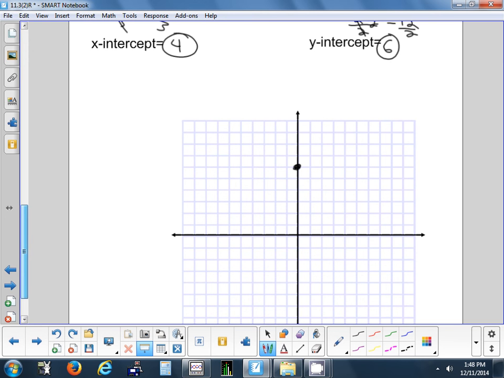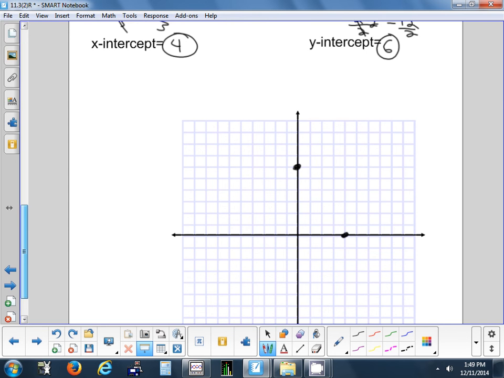Brian Martin, what about the x-intercept? Up, down, left, or right? How many? We're doing the x-intercept. 4. Stay with me. So 4 to the right. Okay, now what?